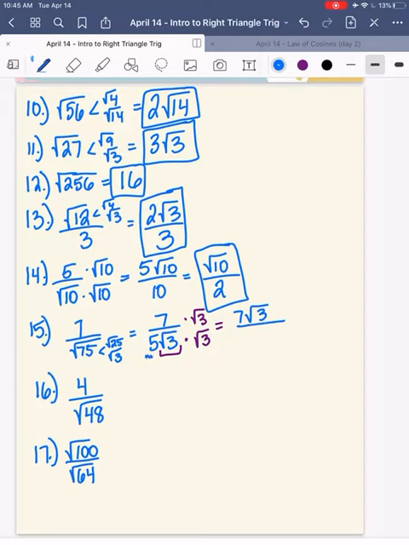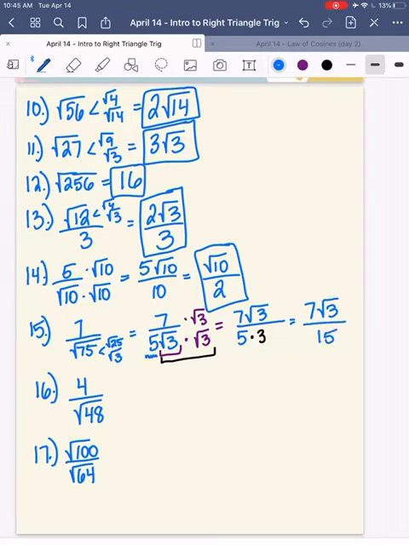So this 5 has to come over, and then when we do this root 3 times root 3, we get plain 3 or root 9. Okay, but remember our shortcut is just plain 3. Now you have to remember to multiply those. Okay, so your final answer should be 7 root 3 over 15.